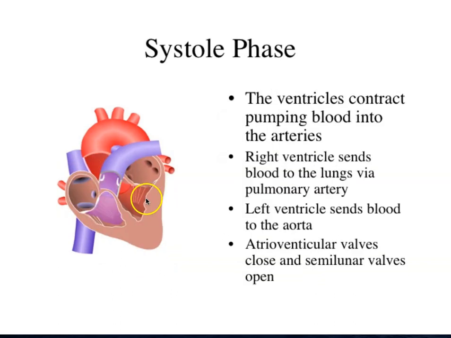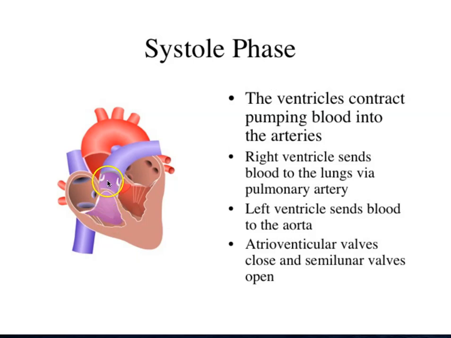Now, in systole, the ventricles contract. The right ventricle contracts. Left ventricle contracts. Those AV valves are slammed shut by the force of the contraction and the blood pushing on those AV valves.